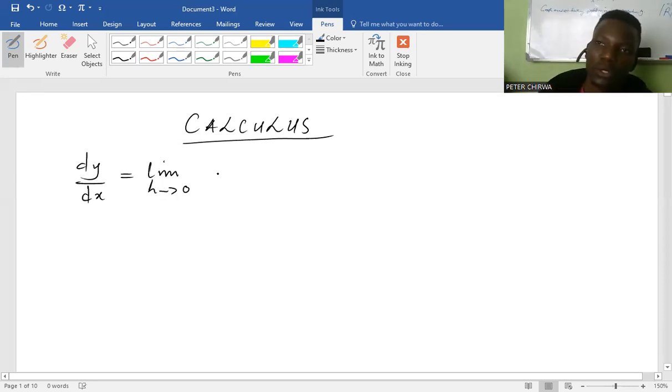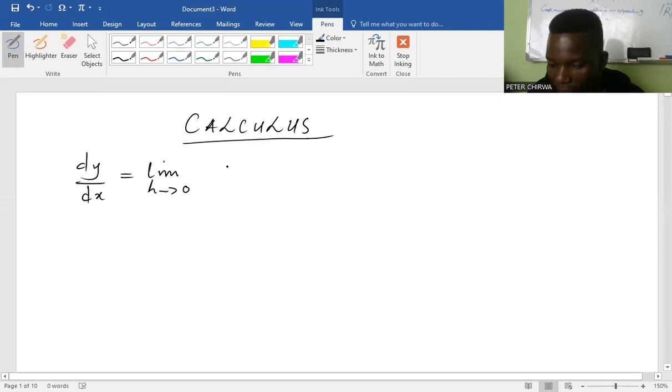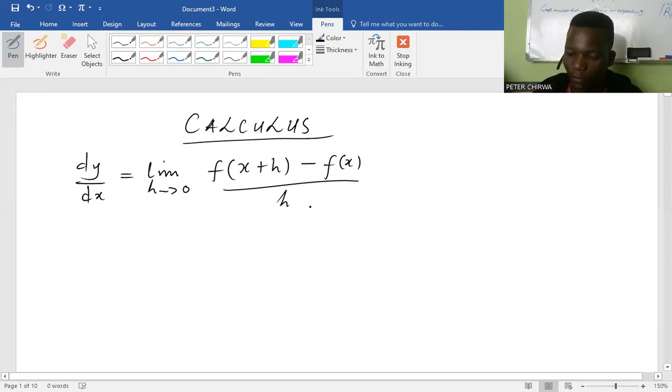In some other books you use delta, but here we are going to use h. Then we have f of x plus h minus f of x over h. So that is the first principle.